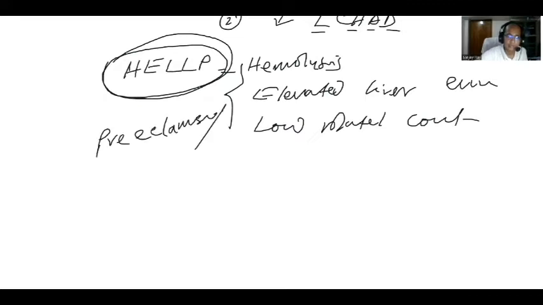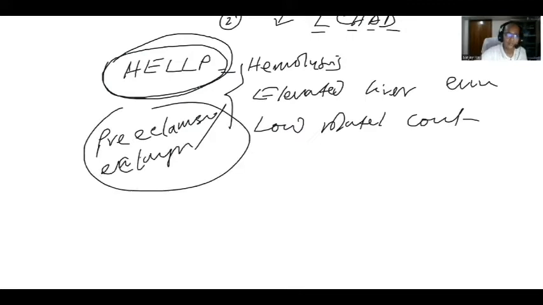or eclampsia. So when we suspect that it could be a case of HELLP syndrome, before going to this diagnosis, we ensure that the patient has the evidence of preeclampsia or eclampsia.